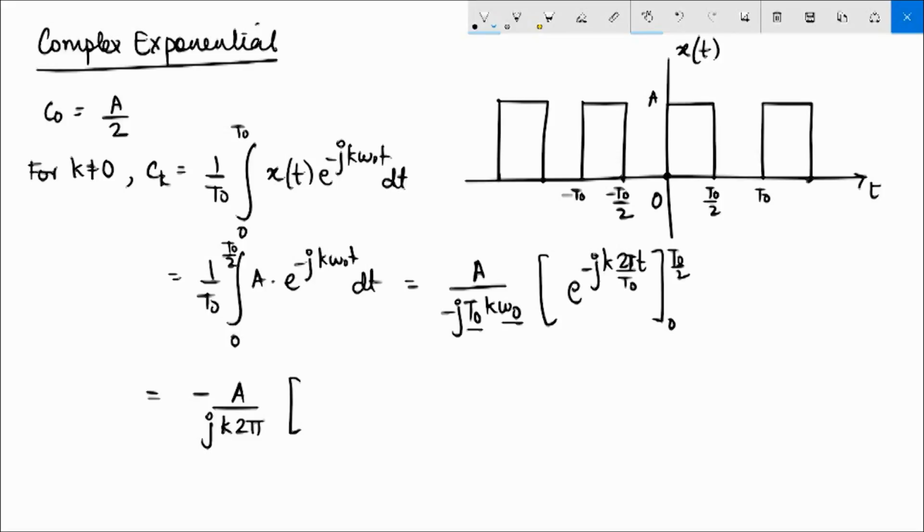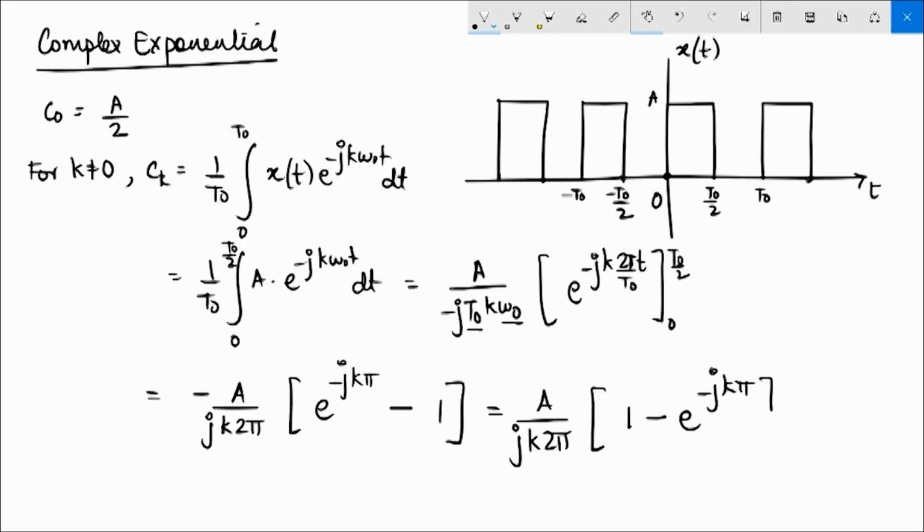So when t is equal to T naught by 2, it is e to the power minus j k pi, minus the lower limit 1. So I can write this as A upon j k 2 pi times 1 minus e to the power minus j k pi. Now let us look at what values this term e to the power minus j k pi takes.